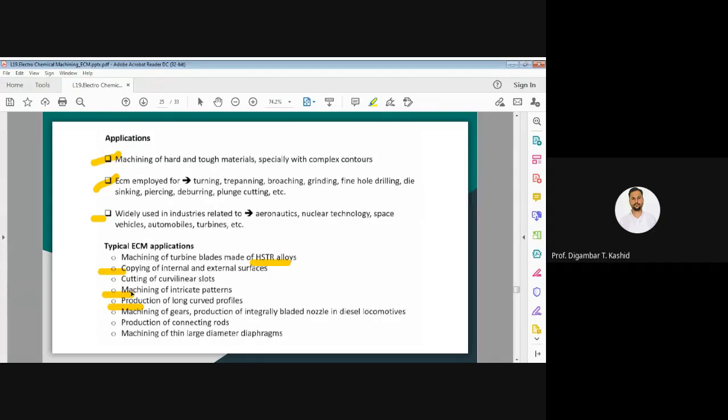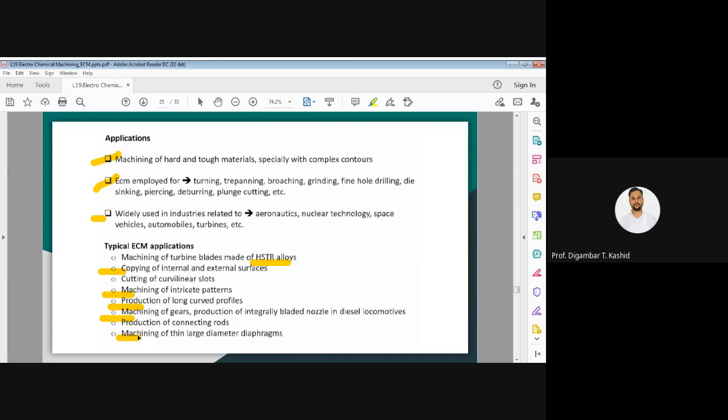For production of long curve profiles you can use ECM, any kind of long curve profile you can generate by this process. Then the next typical applications: machining of gears, production of integrated blade nozzles in diesel locomotives, then production of connecting rods, then machining of thin large diameter diaphragms.